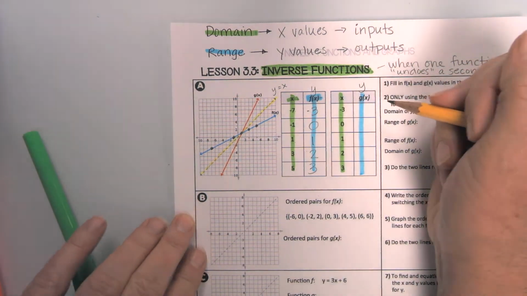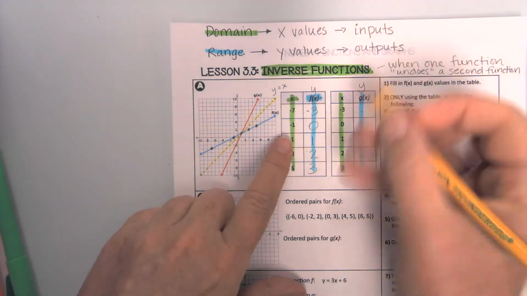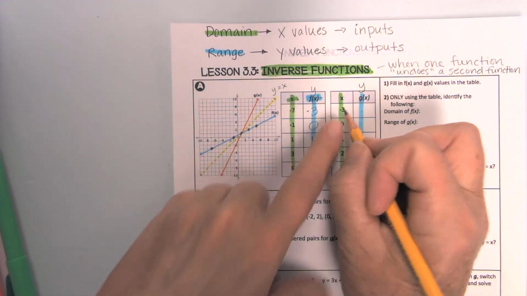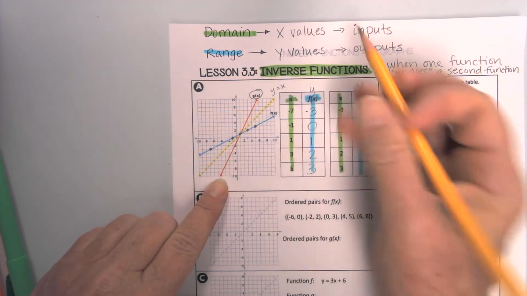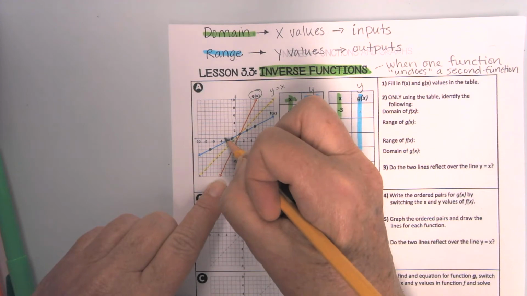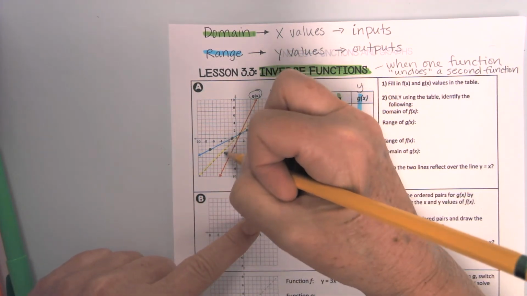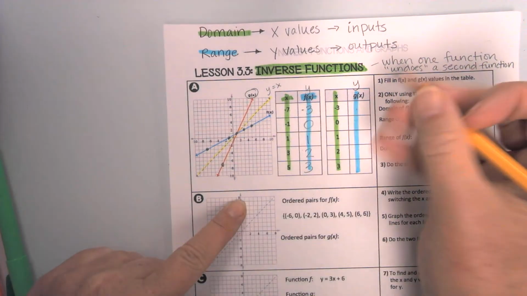I know it's funny that we do that in math, but we do. So now I'm looking for my y values. When x is -3, remember now I'm on my g of x line. Here's -3, what is my y value? And it is -7.